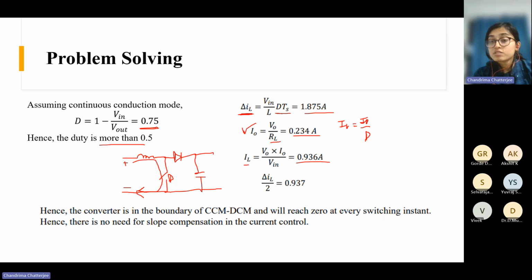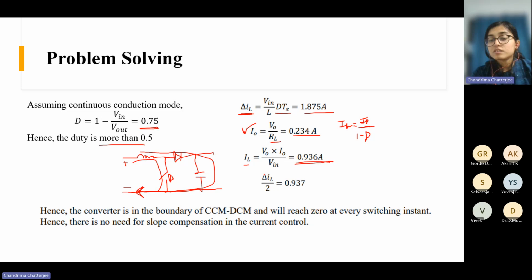This is not D, this is 1 minus D. Why? Because you see, like the inductor current free wheels during 1 minus D duration, right? So during DTS duration, the inductor gets charged through this switch, and then we turn off this switch. Now the inductor free wheels and the current flows through the load, right? So that's why the inductor current average is I naught by 1 minus D. So this is 0.936 ampere.